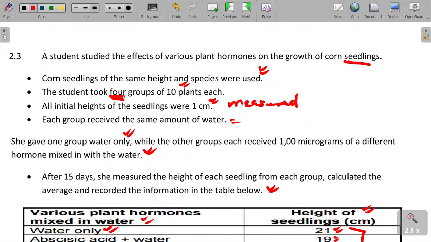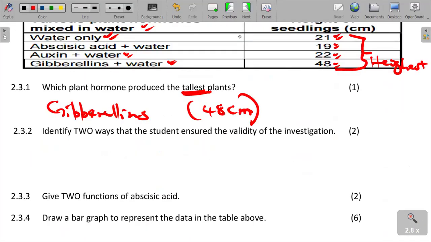The student studied the effects, and the same height and same species were used. So one, the same species of plant were used. We can see that it is given in the essay there.